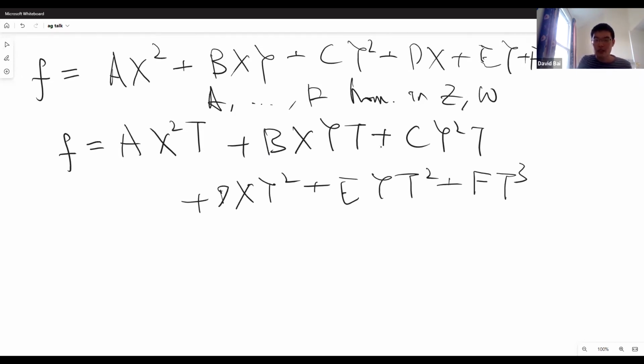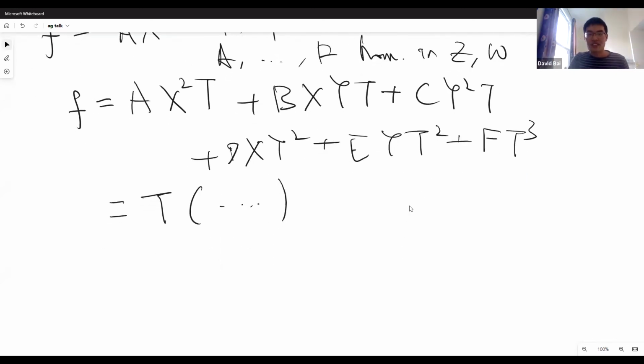Now I can take the t out. So it's t times a x squared plus b x y plus c y squared, etc.